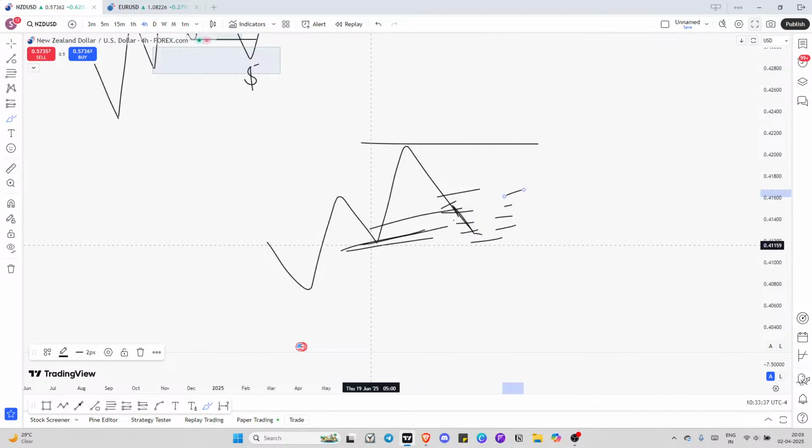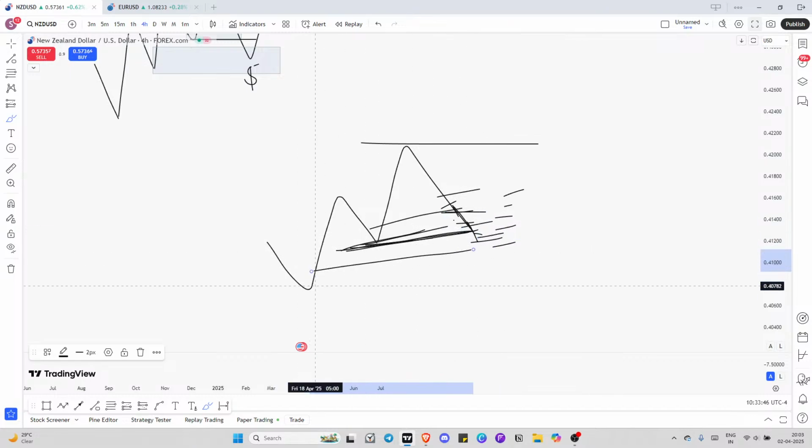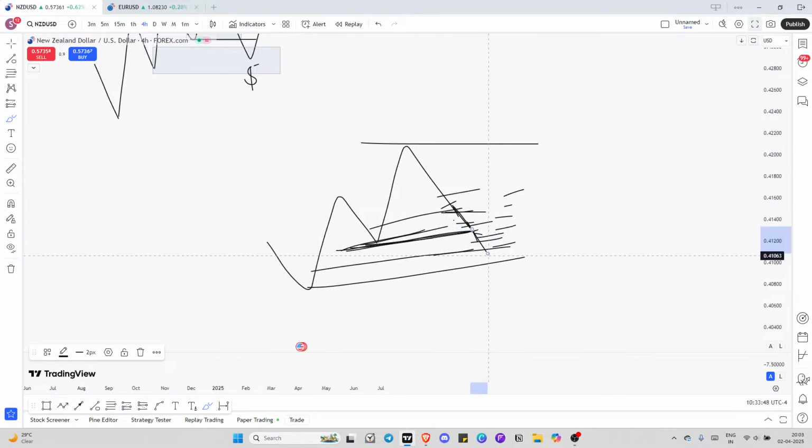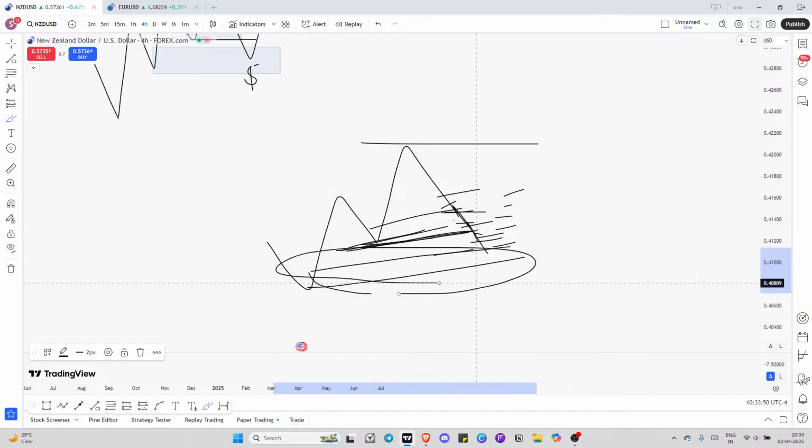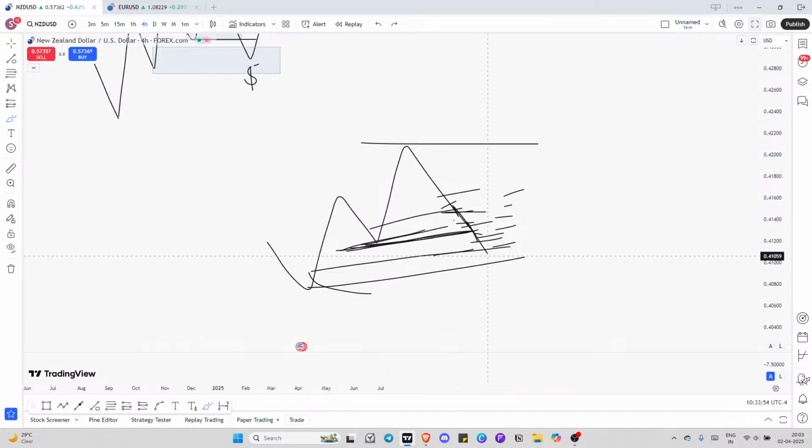And here, where all the masses have kept their stop losses, I take them out by buying, buying, buying, buying. This is the area where the real PDRA, or the liquidity, is. I collect that and then push higher.